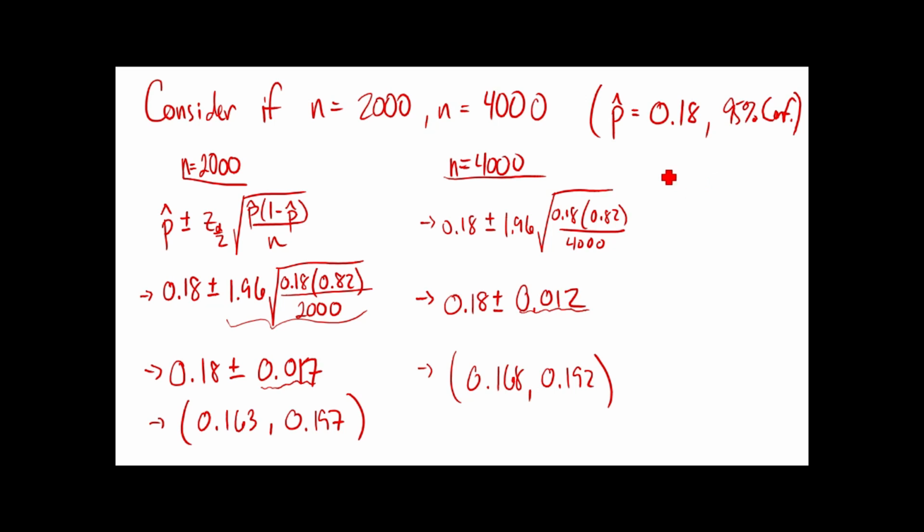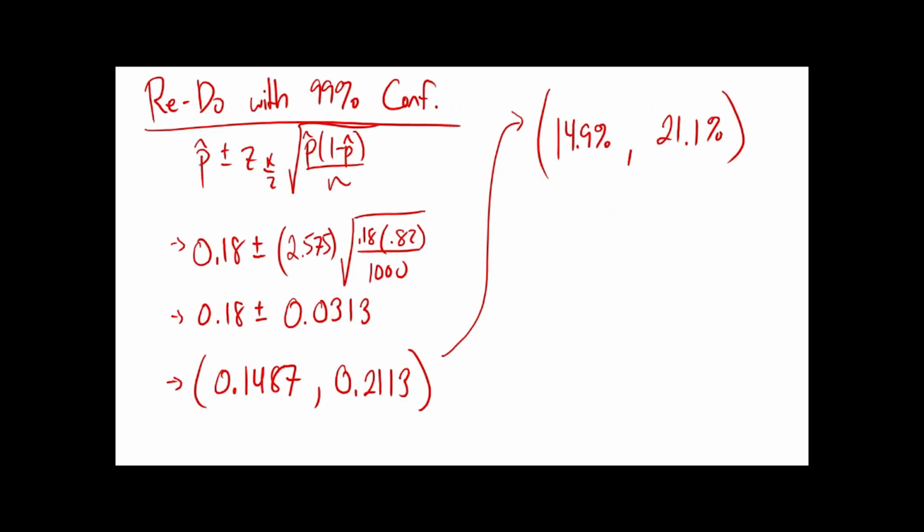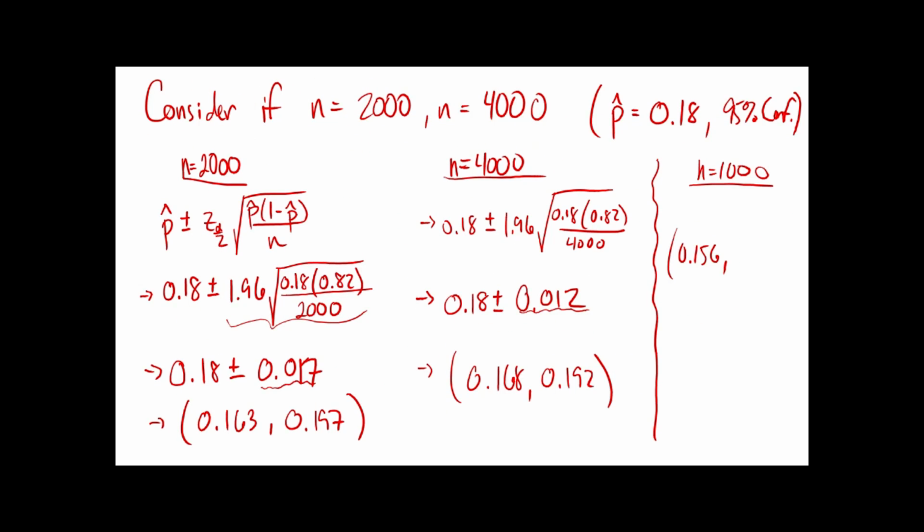Back when it was 1,000, our interval was 0.156 up to, I can't remember, 0.204. So each time you take more samples, at 1,000 samples, it was like from 15 to 20%. Then it came into like 16 to just under 20%. When you got even bigger, it made its way into like 17 to 19% almost, right? So it's shrinking every time you take more samples, which is what you want, right?